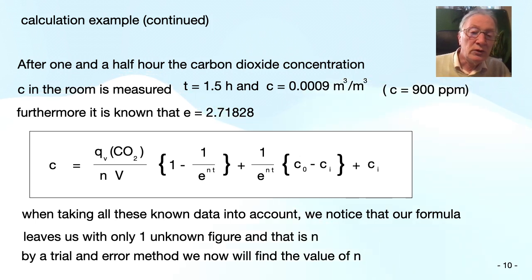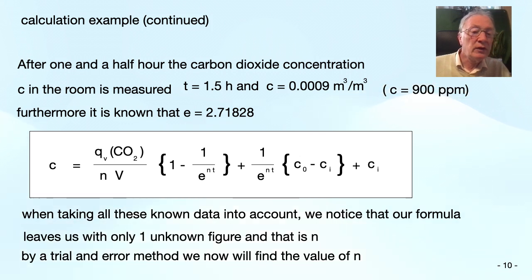We have to express that in cubic meter per cubic meter. The exponential function, the E value, is 2.71. When we look at the formula, then we see that we only have one unknown, and the unknown figure is N.